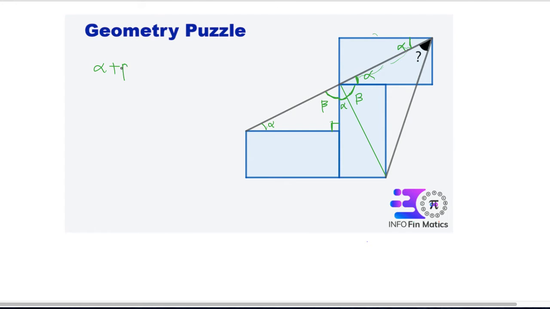Alpha plus beta plus beta plus alpha equals 180 degrees, which gives us 2 alpha plus 2 beta equals 180 degrees, which gives us alpha plus beta equals 90 degrees, which tells us that this angle is 90 degrees.